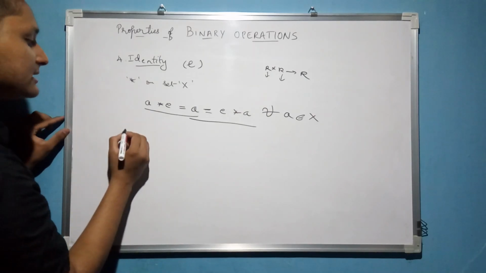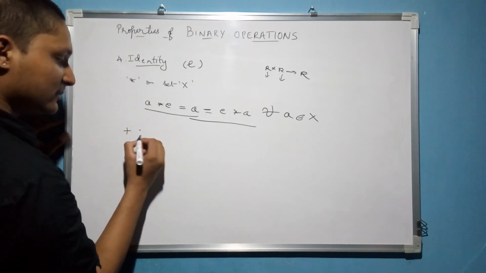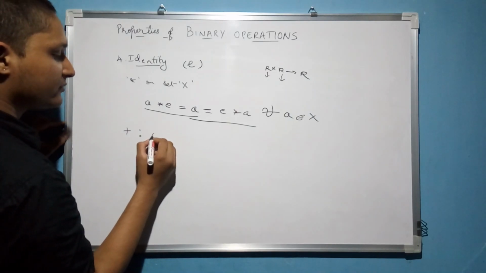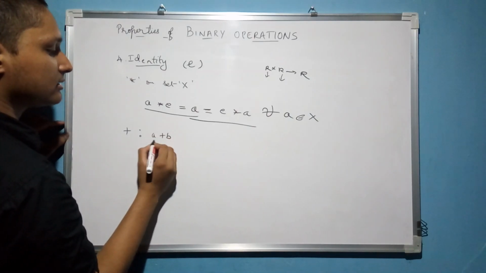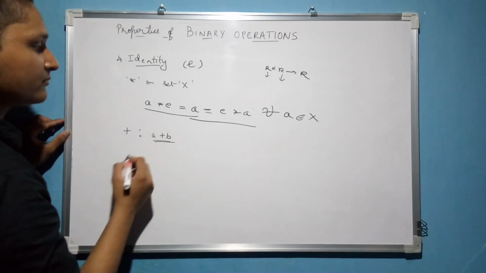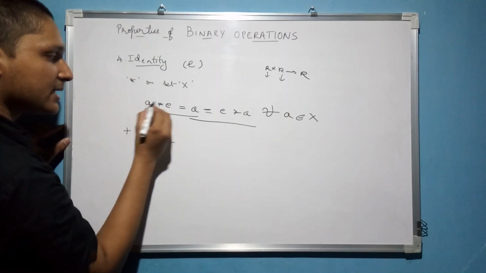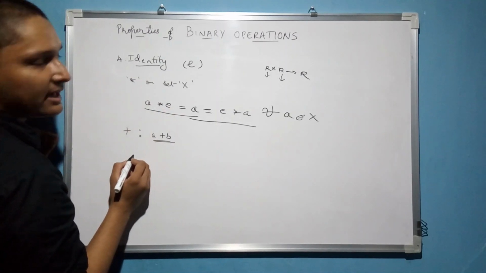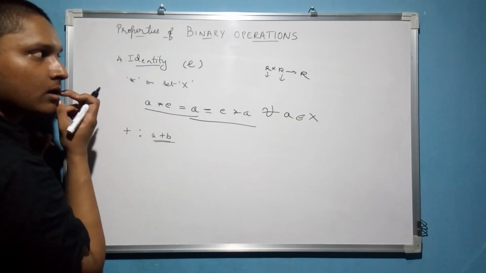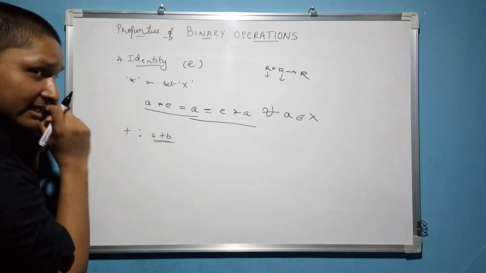Say plus is the binary operation. What is plus? This is the addition. So A plus B, it is going to be the thing. So the first one is A plus E. So let me find the value of the identity for addition, that is called the additive identity.